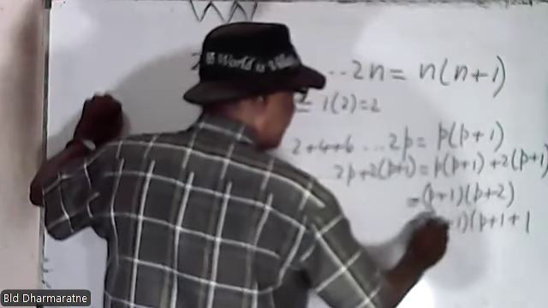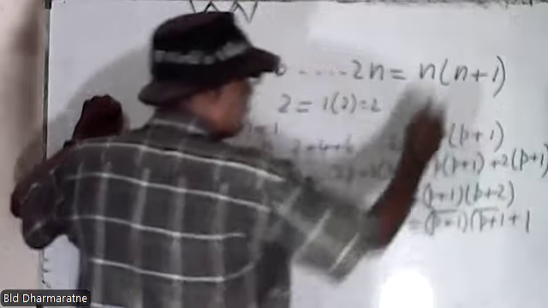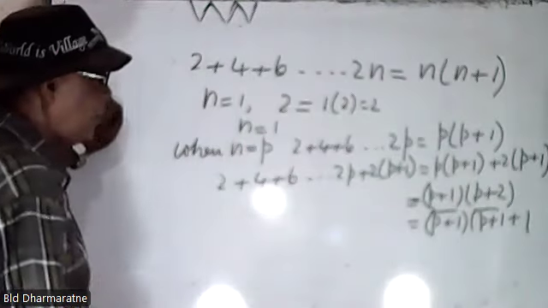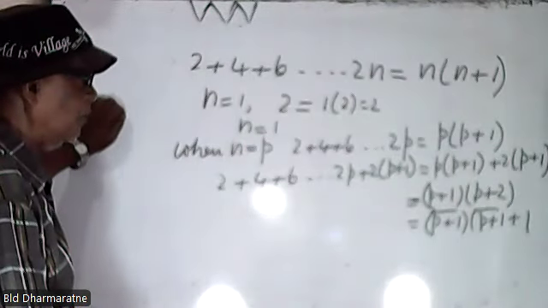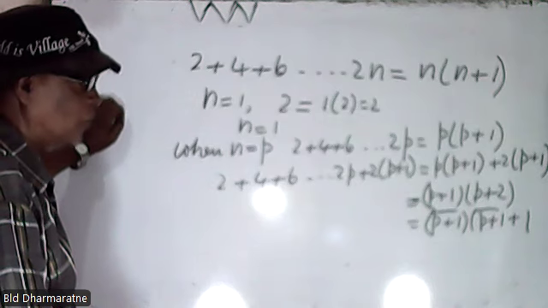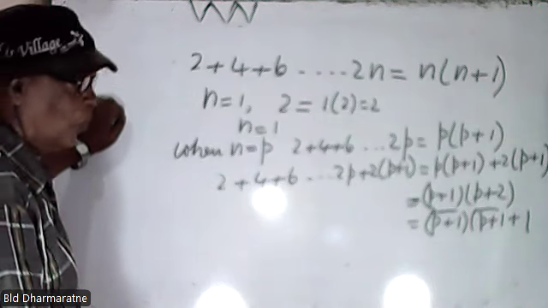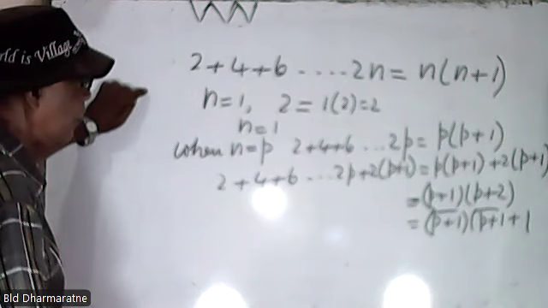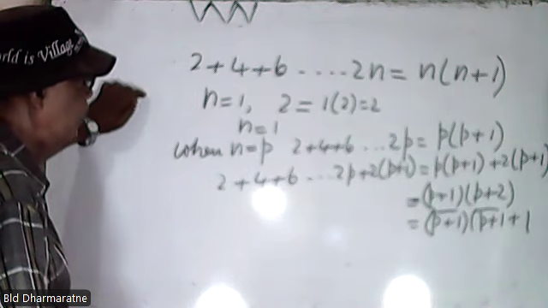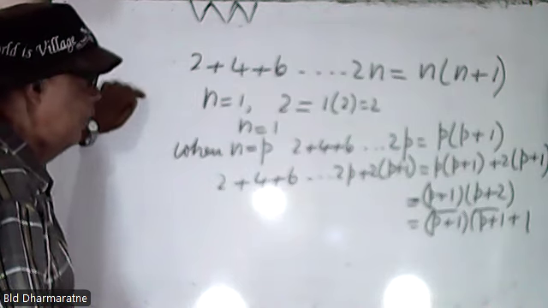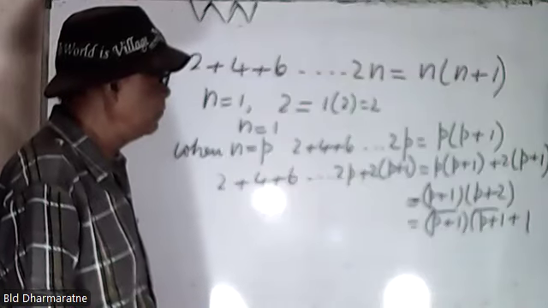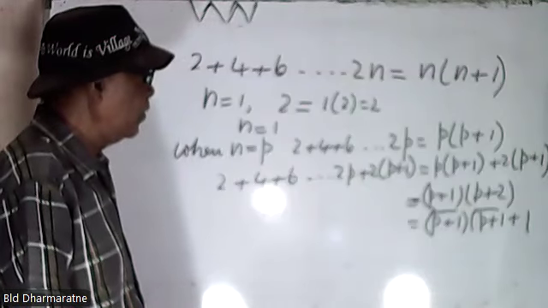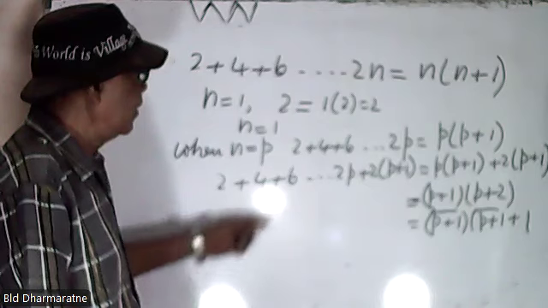What is happening? Instead of n, using n plus 1, the result is true. Already proved. Then in mathematical induction, we can say that for all the positive integers n, the result is true.